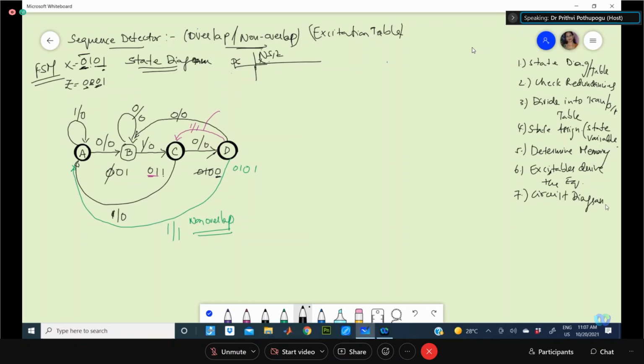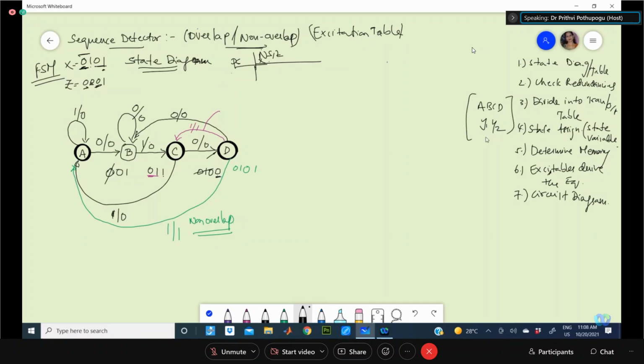In between, a few points we have to take into consideration: once we assign the values and derive the memory, you get the excitation table's help and derive the equations. But when we are assigning the values, we are giving state variables, y1, y2 if 4 states are there, say A, B, C, D. Until this is what we call assigning the state variables for the states.